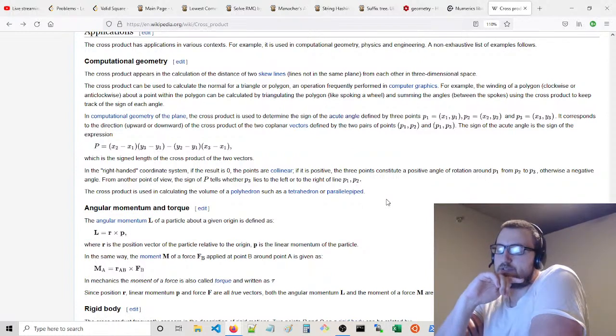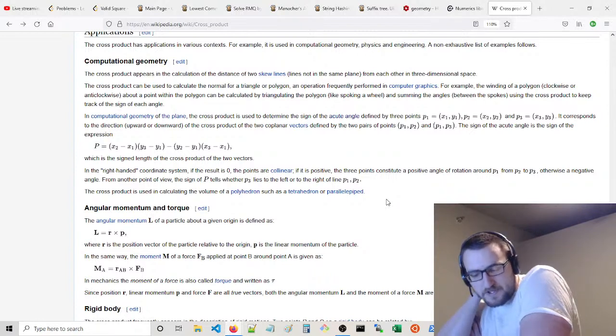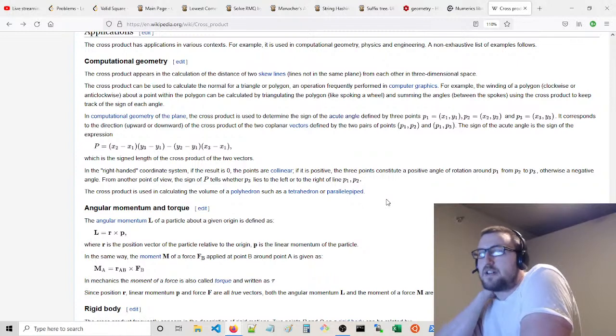So yeah, that would give us an order that we want. That would give us the clockwise order of our points. That's kind of what we could do. We don't need to.